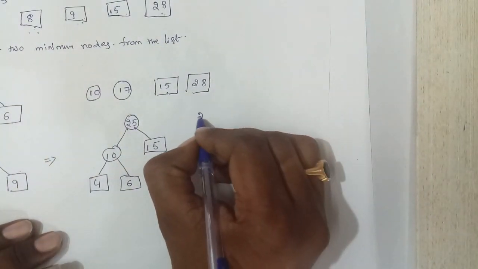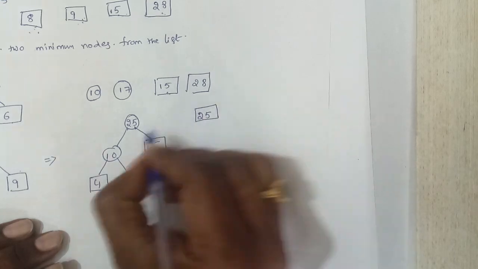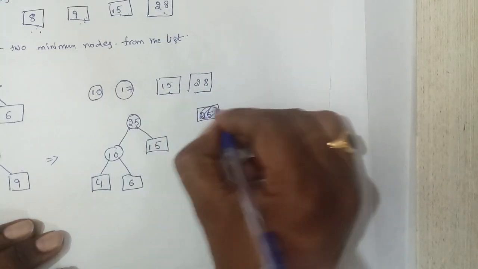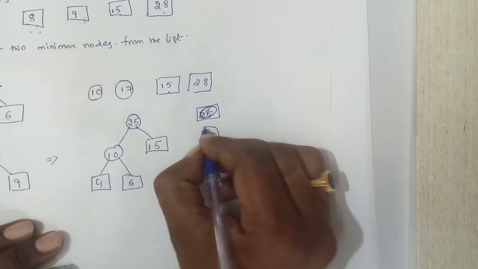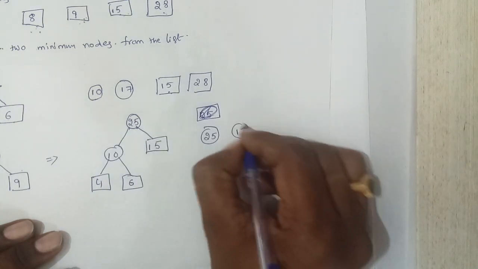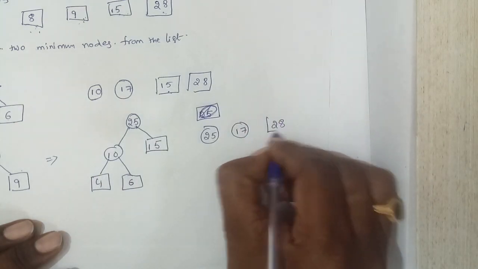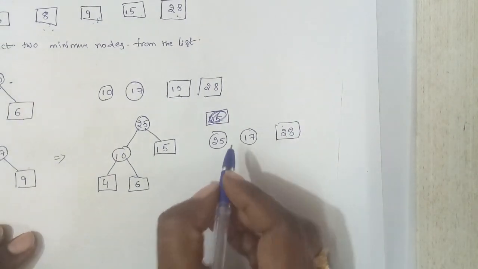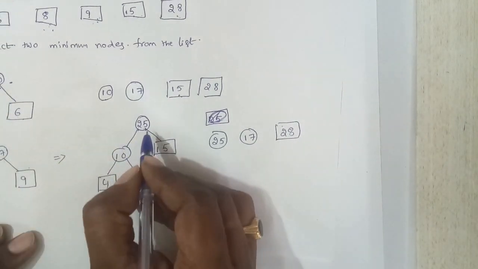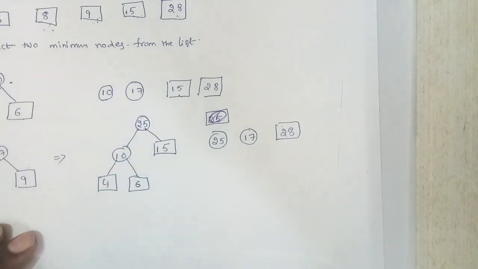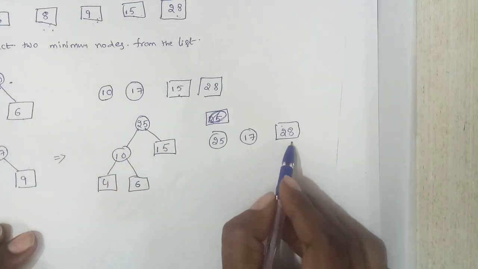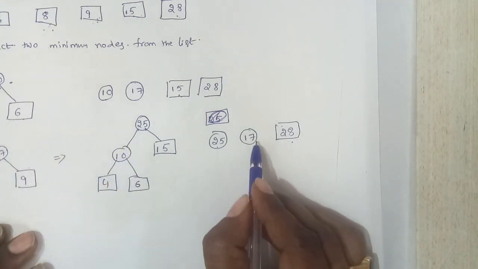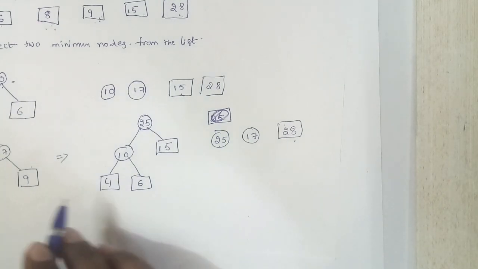We have the newly constructed 25, 17 and 28. Okay, now what are the two minimum values? The two minimum values are 25 and 17, both already present as trees. So what is the procedure?